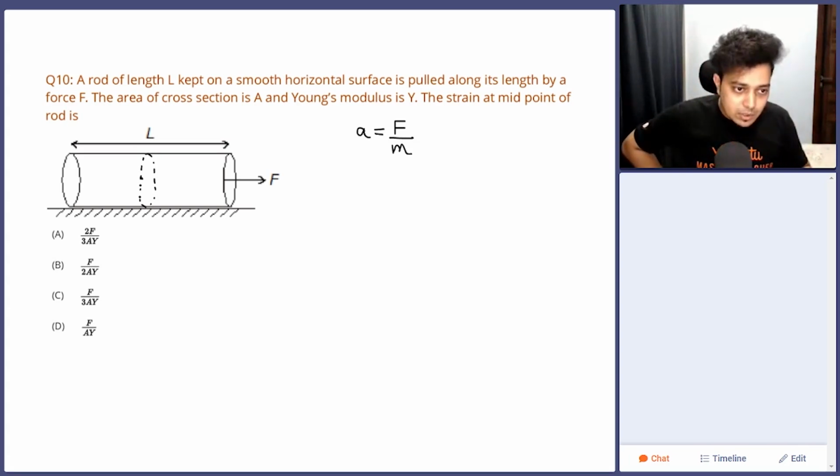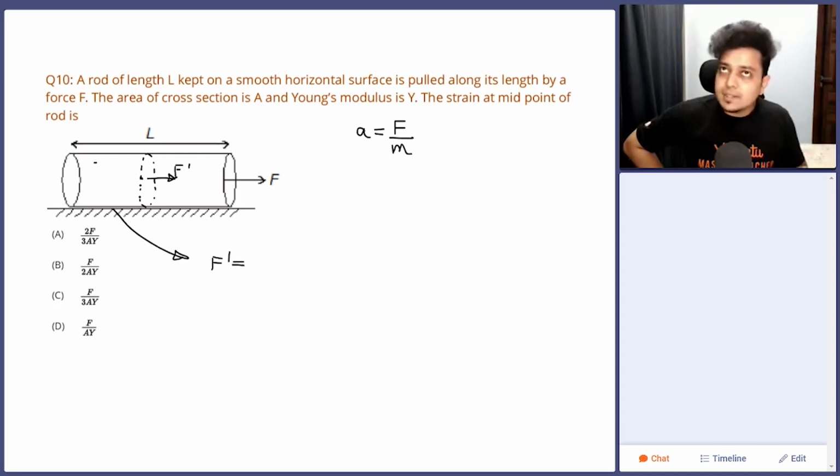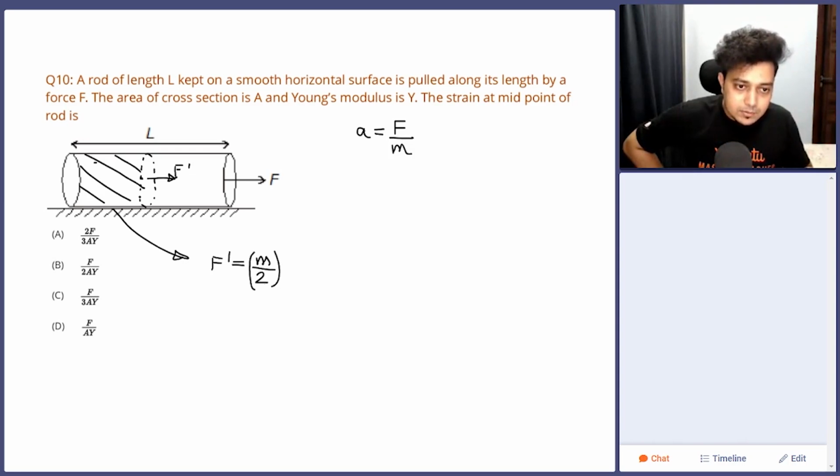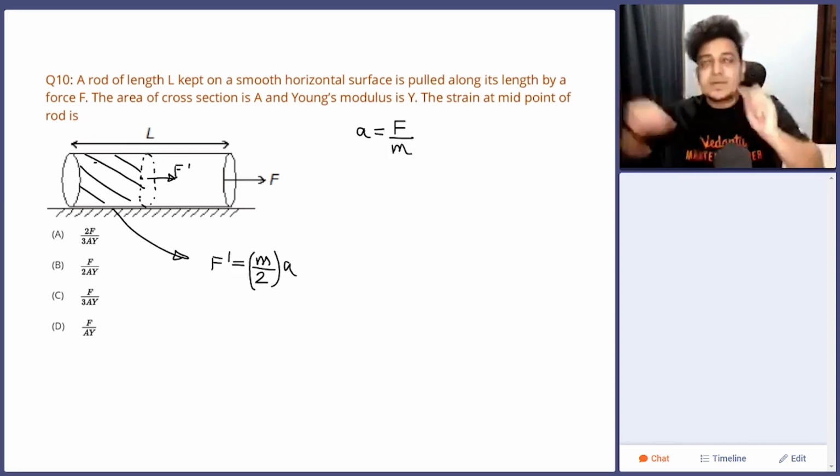Now if I focus only on this portion, then for that portion, the force acting is only the tension that is developed here, the force that is pulling the left half of the rod, correct? So if I call that force F dash, then F dash is the only force pulling it horizontally, and it is equal to mass, considering only the left half of the rod now, so mass will be m by 2, but acceleration will be the same because all of them will move together.